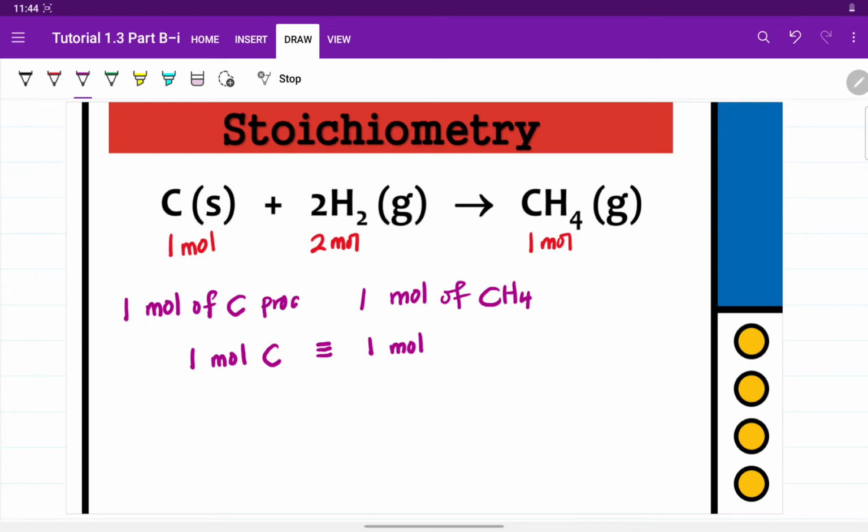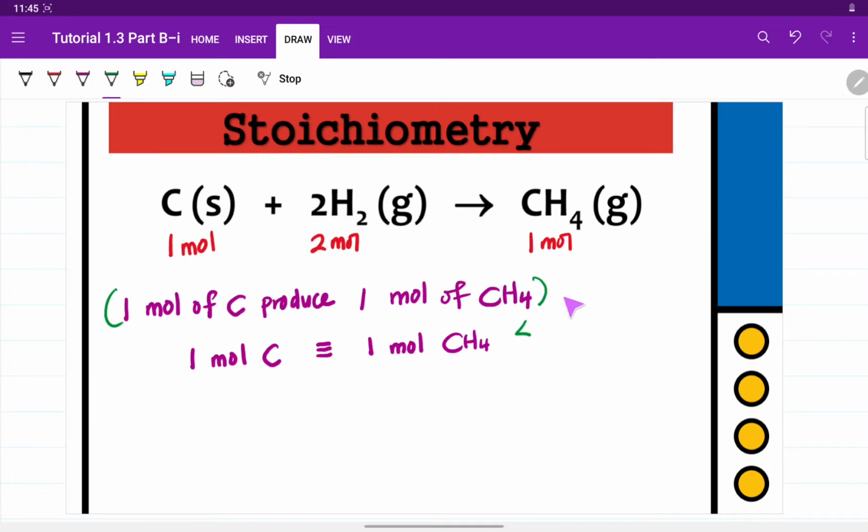So, 1 mole of carbon produce 1 mole of CH4. So, ayat kita tadi, translate dalam bentuk stoichiometric equation.